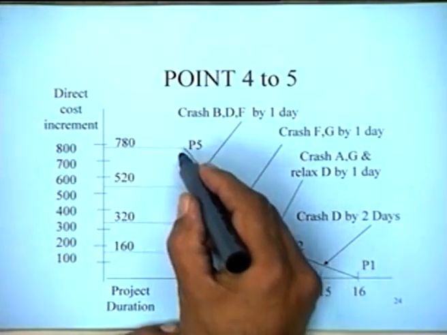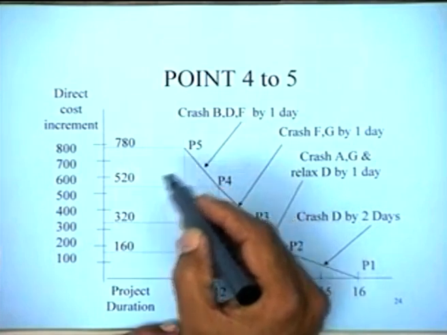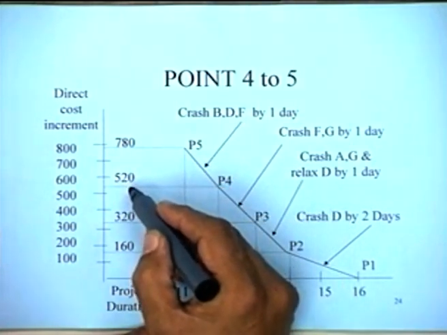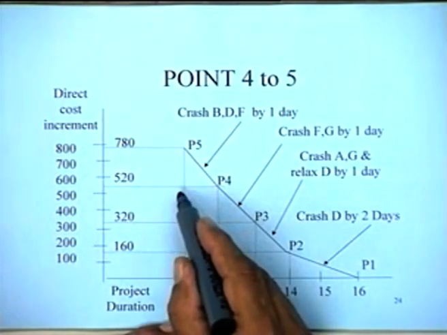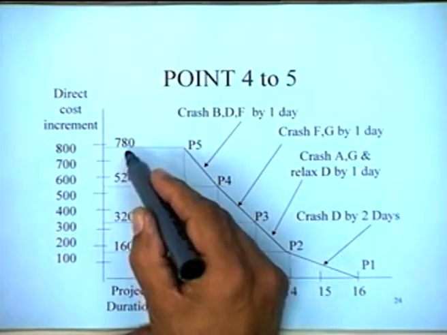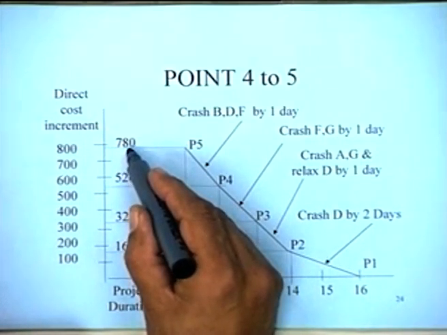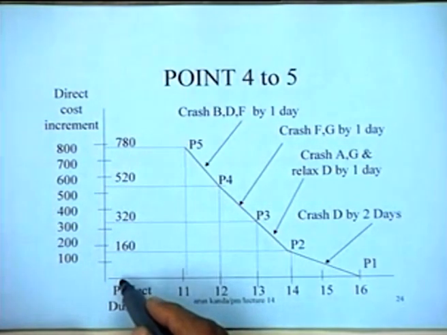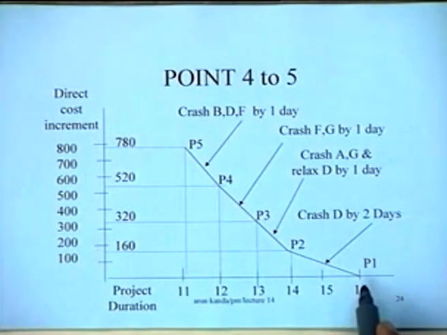From P4 to P5 our decision is crash B, D and F by 1 day. This would result in an increase in the cost by 260 rupees per day, and this is only 1 day reduction. And we find that the total cost becomes 780 above the normal cost, which was simply 0, the datum that we had taken for generating this curve.